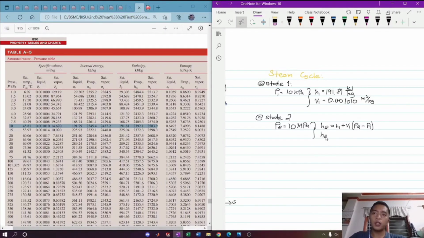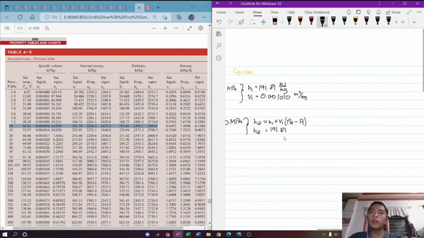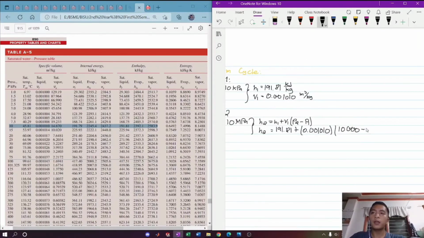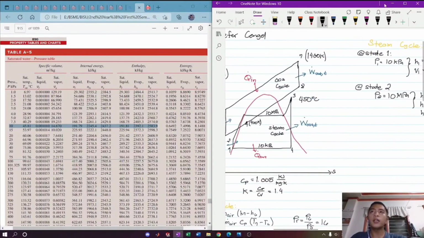So H2 is equal to 191.81, without writing the units, plus V1, 0.001010, times P2, which is 10 MPa, that's 10,000 kilopascal, minus P1, 10 kilopascal. So your H2 is equal to 201.90 kilojoules per kilogram.